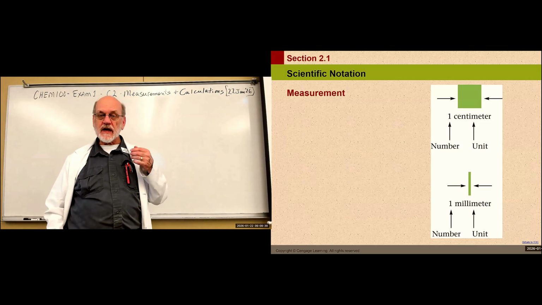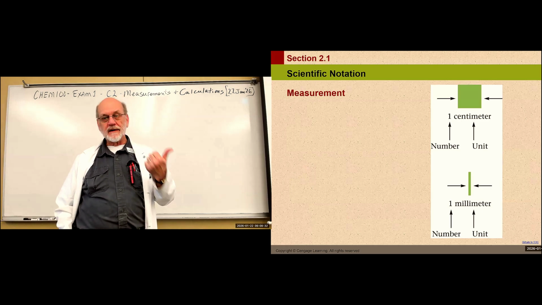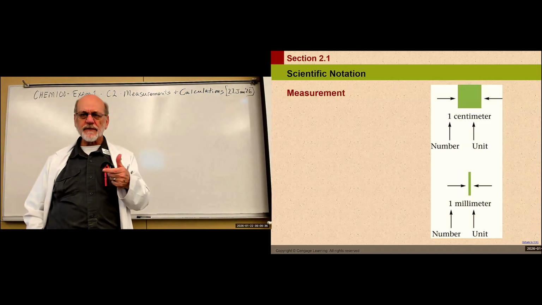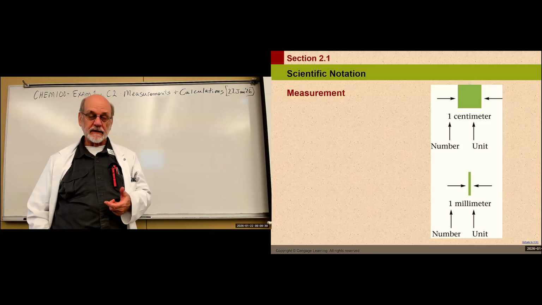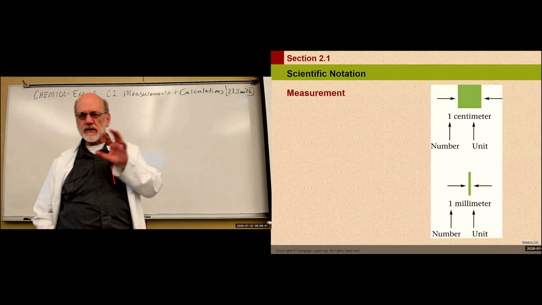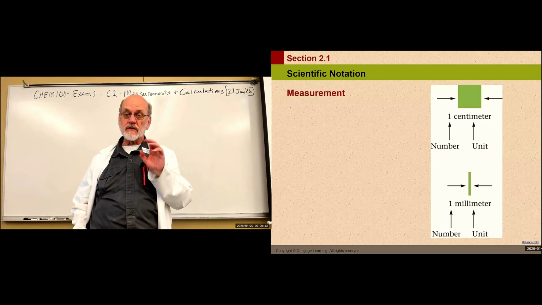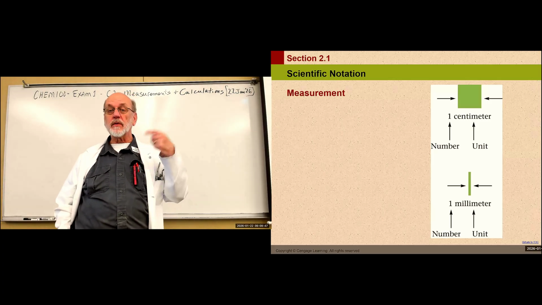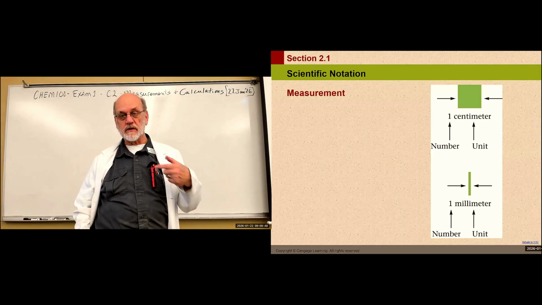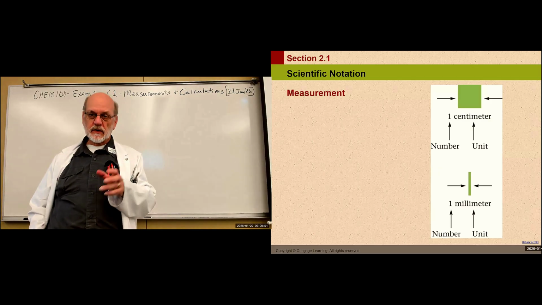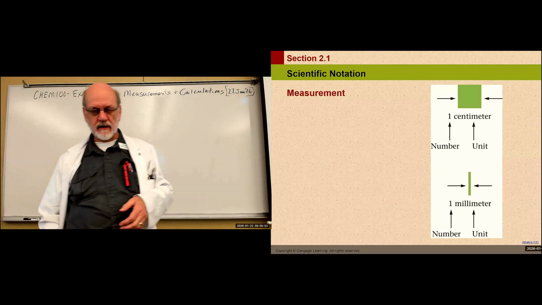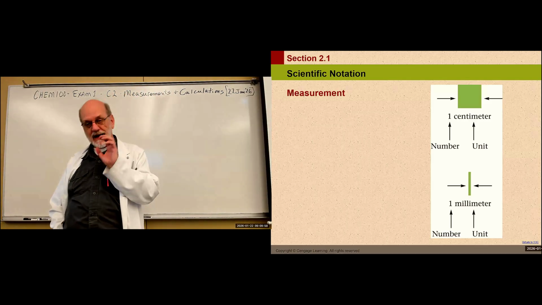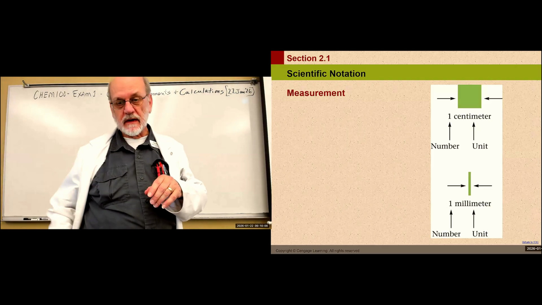And measurements always have a number and a unit of measure. Without the unit, the number doesn't have much meaning, except for very few rare occasions where you have dimensionless numbers. And in that case, you have to know where the number came from in order to use it properly. But we'll discuss that one at a future time. Right now, we're talking about measurements that have numbers and units of measure to go with them.